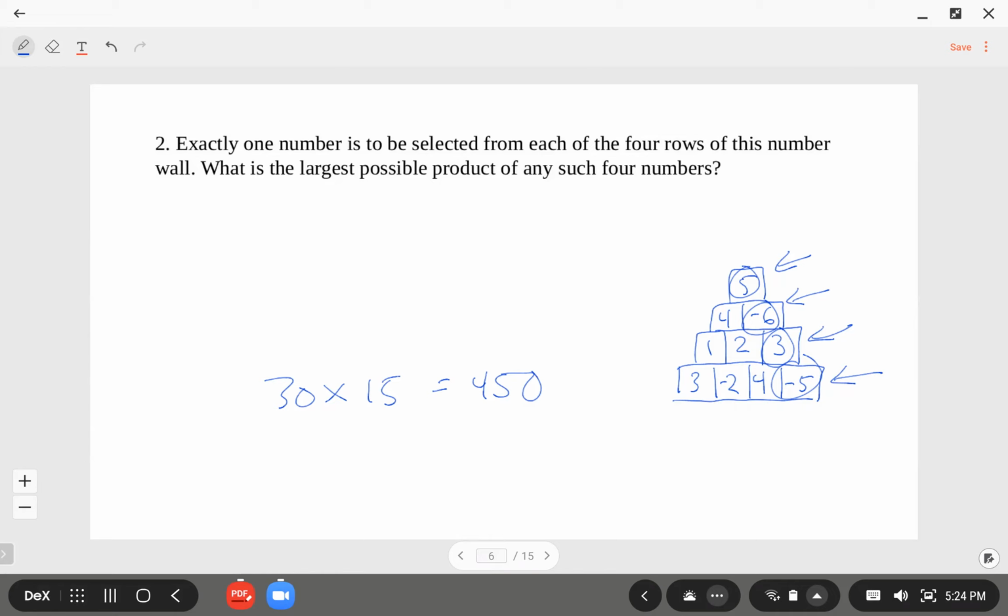And the answer for this one will be 450. So congratulations to all those people who got 450. Very good job. You paid attention to the details.